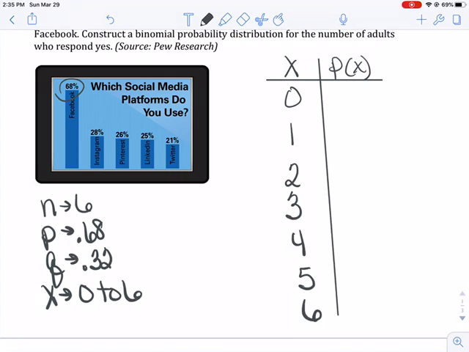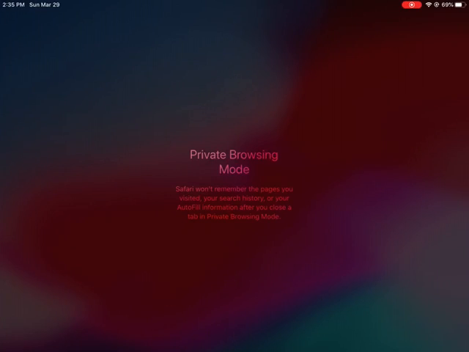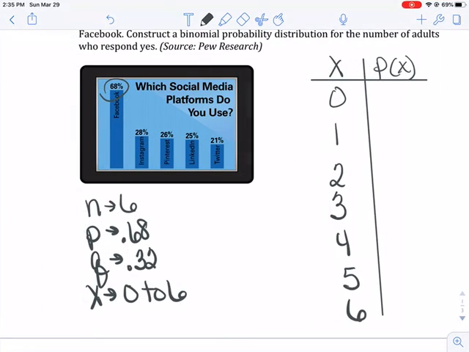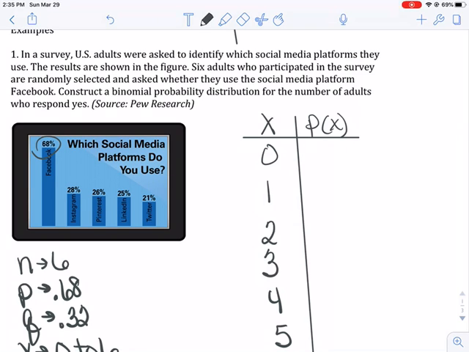Pick whichever one. I'm going to use the website because that's probably the easiest. Oops, excuse me. I don't know why I did that. I may have to use my calculator. All right, so let me give you those probabilities.